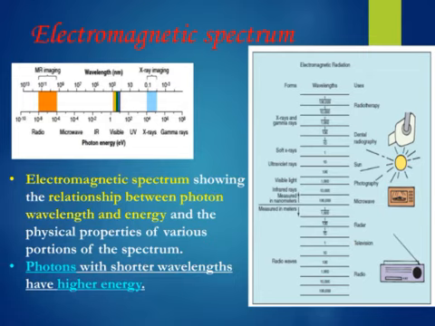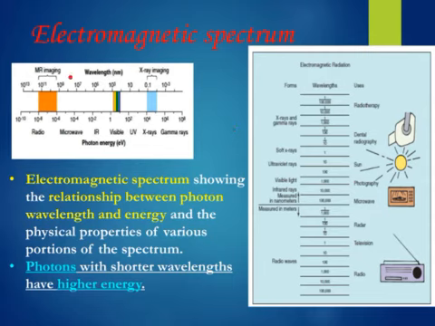It starts with a shorter wavelength, where the waves are like this, and ends in a longer wavelength, big waves. When the radiation is arranged in the form of wavelength or frequency, you can call it a spectrum.